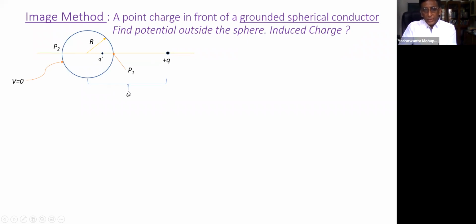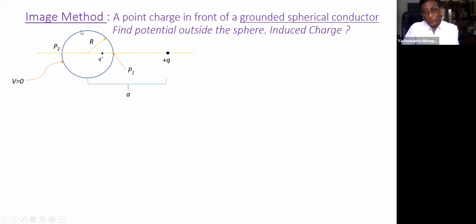Now the question is, can I use the image method? If I want to use an image charge, it must be somewhere outside the region of interest, which is inside the sphere. So how much charge q prime can I put at what distance from the center such that q prime and q together make sure that this surface remains at zero potential?